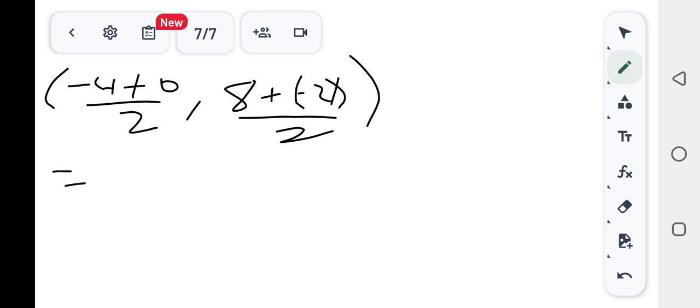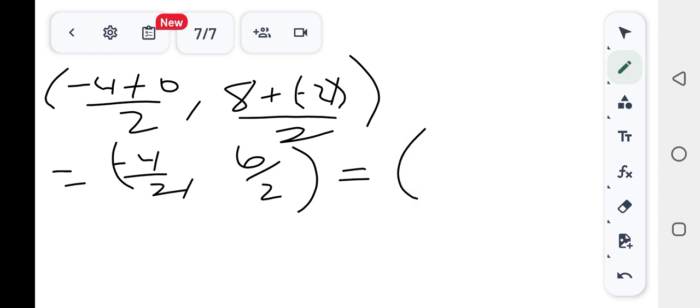When we simplify that, it will be -4 divided by 2, and 6 divided by 2, which gives us (-2, 3). So where it bisects AB, that point on the line is (-2, 3). To find the equation of a straight line, you just need a point on the line and a gradient.